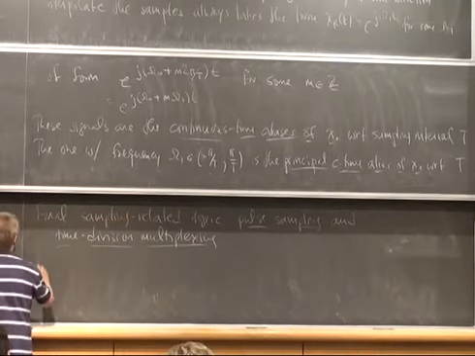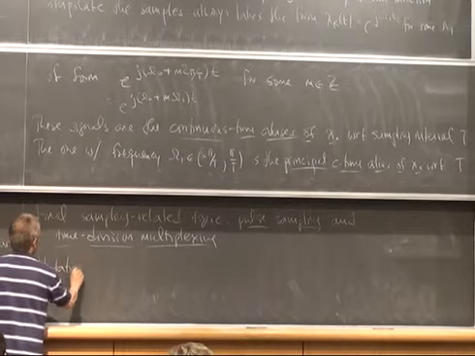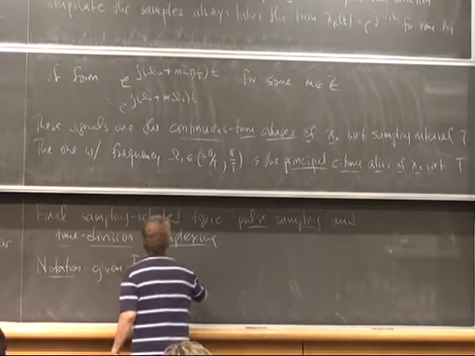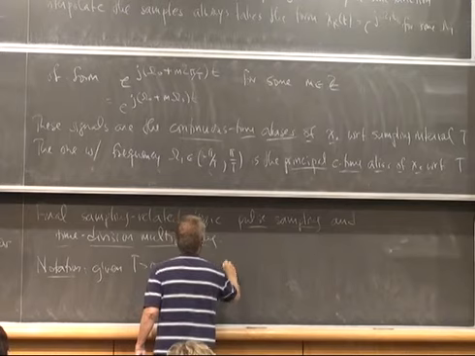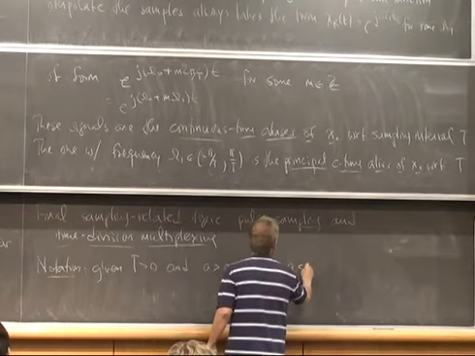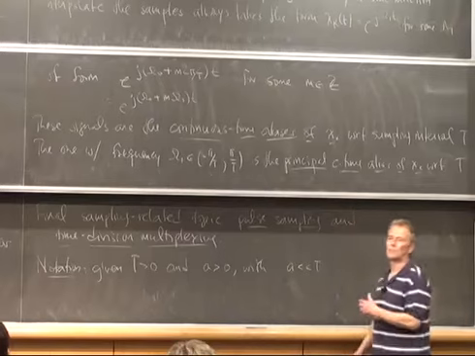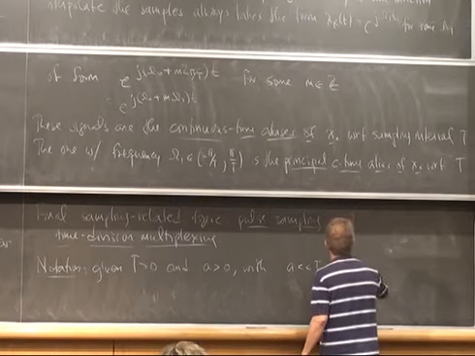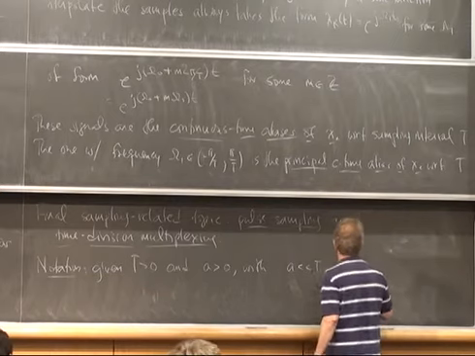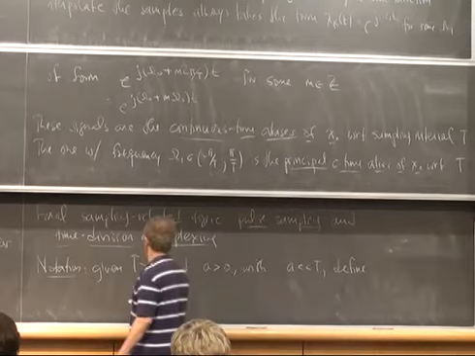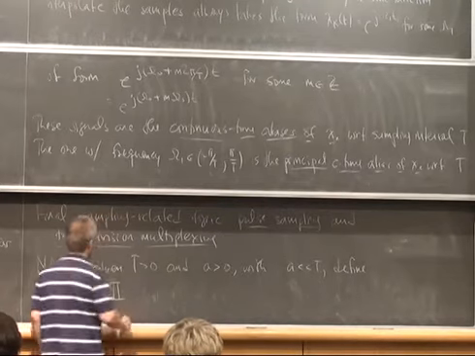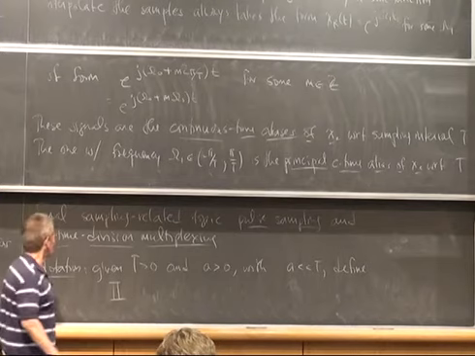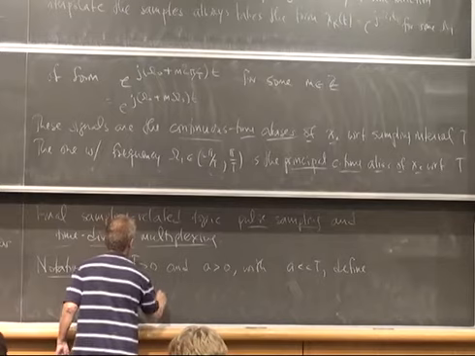First, some notation. If I'm given capital T bigger than 0 and a bigger than 0 with a much less than capital T, it doesn't have to be much less, but it has to be less than capital T over 2 at least, I'm going to define this, like a capital pi sort of, that's going to be the notation for this, of t, as follows.